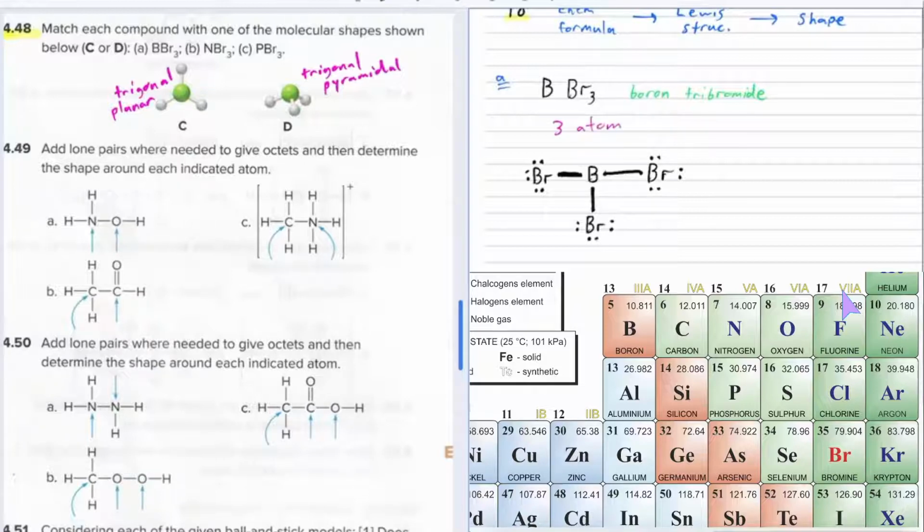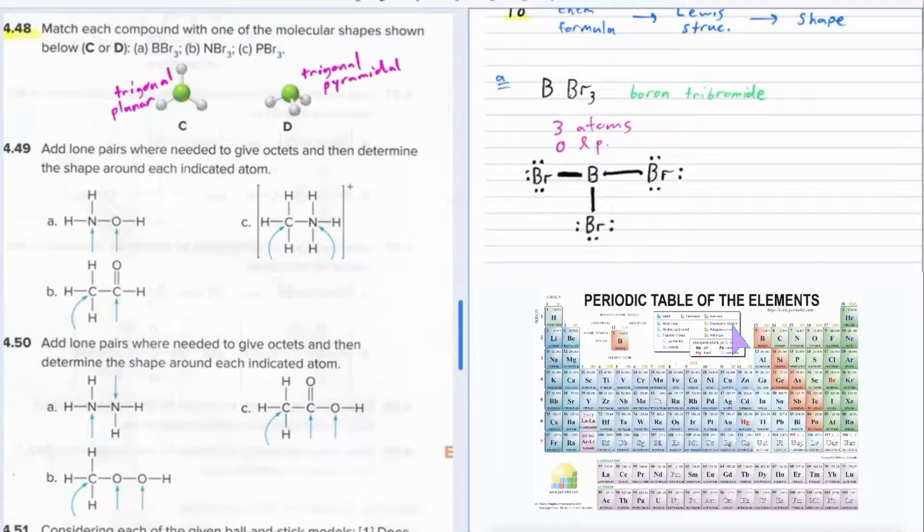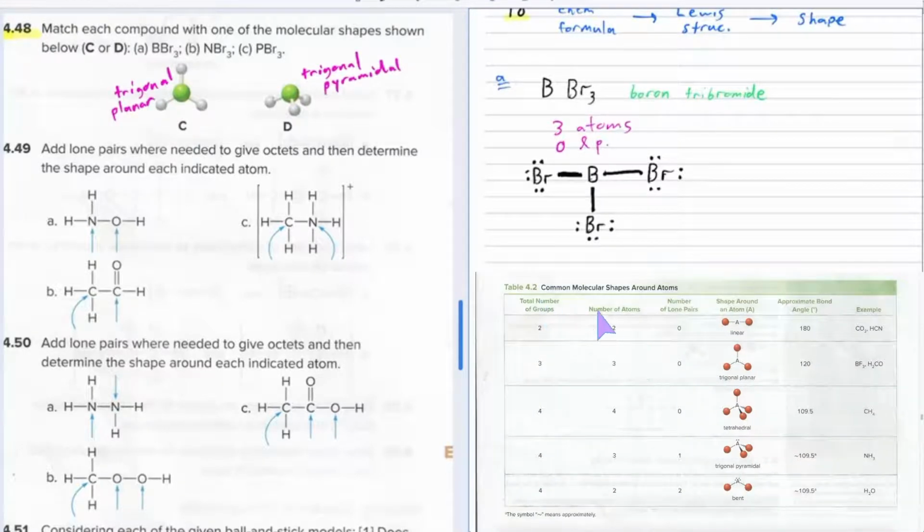atoms. And does it have any lone pairs? Does boron have any lone pairs? No. So 0 lone pairs. Now you go to table, what is that table? 4.1. Here, table 4.1. So here, this is number of atoms, and this is number of lone pairs.